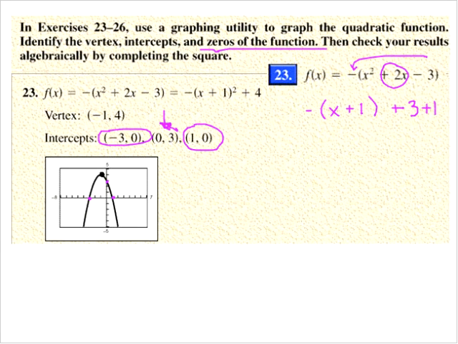And then I want to add 1. That's what I did on the inside. So I get -x plus 1 squared plus 4. So if I were to check my vertex, I would take the opposite h, so -1. K is 4.